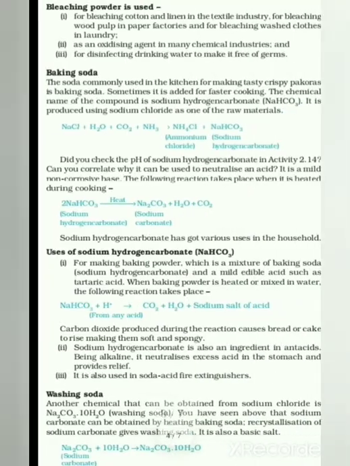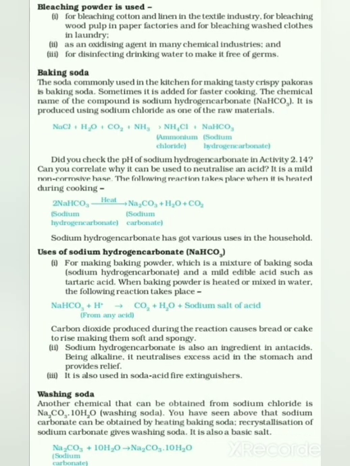Now we will see uses of this bleaching powder. This bleaching powder is used for bleaching cotton and linen in textile industries. Also, it is used for bleaching wood pulp in paper factories. So, for giving white color or shiny bright color to the fibers, to the paper, this bleaching powder is used as a bleaching agent. And for bleaching washed clothes in laundry, this bleaching powder is used.